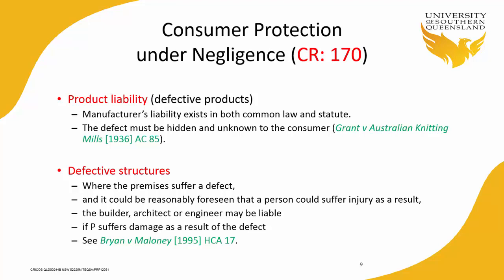It says, where a person who had control of premises brought a dangerous substance onto the premises or carried on a dangerous activity or allowed another to do one of those activities and it escaped and caused damage to another's property, they would have been liable under the rule in Rylands and Fletcher, which is a case of strict liability. But now of course this was also incorporated under the big umbrella of this cause of action we now call negligence.